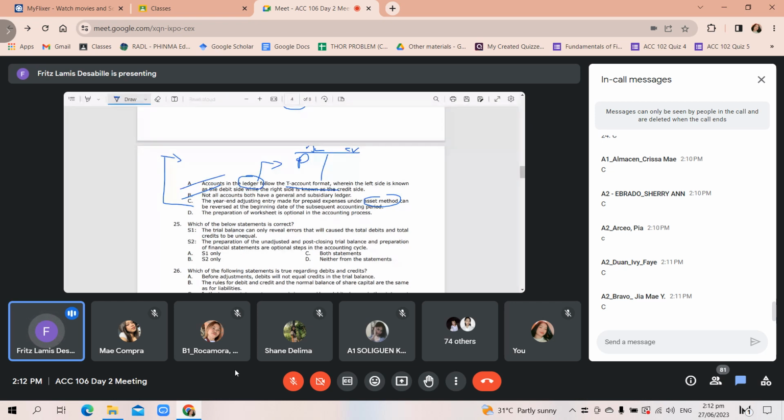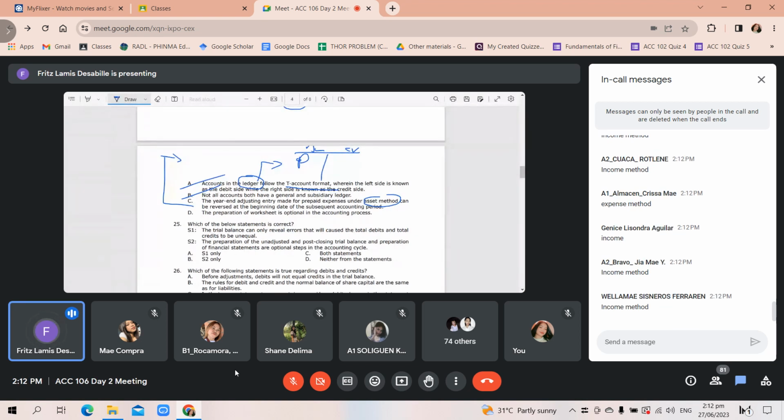Prepaid expenses under the expense method. Correct. So what we reverse is only prepaid expenses under the expense method, and lastly, deferred revenue under the income method. So that would make letter C wrong.